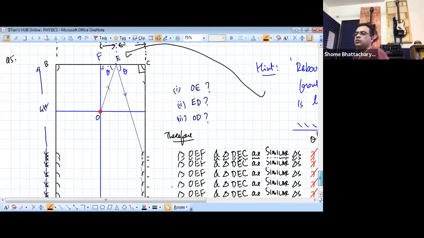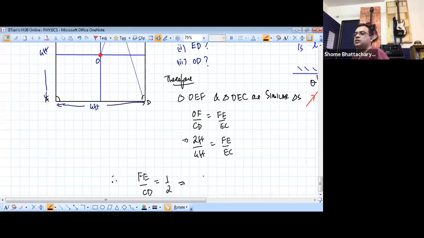So this equation now becomes x upon, sorry, EC. The denominator is EC. This ratio x upon 2 minus x is equal to 1/2. So from this you find the value of x.